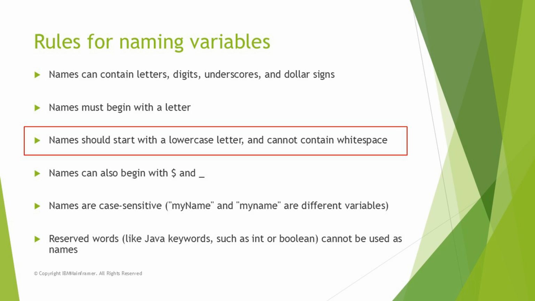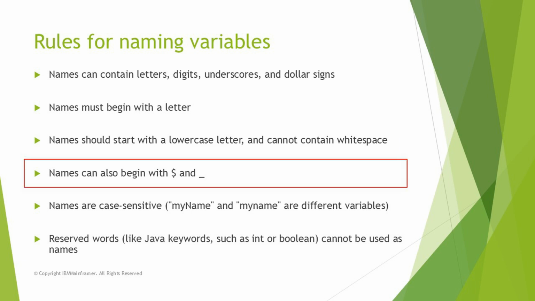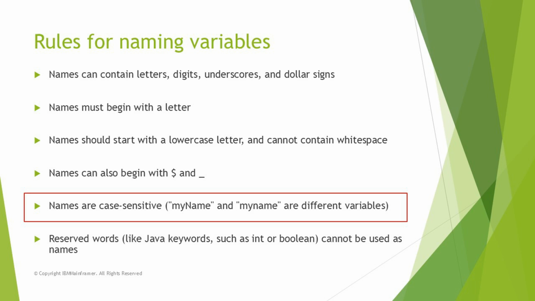Name should start with a lowercase letter and cannot contain white spaces. Name can also begin with dollar and underscore. Names are case sensitive. Java is always case sensitive, so variable names are also case sensitive. You should be very careful while declaring a variable name. For example, myName with capital N and myname with small n are different.